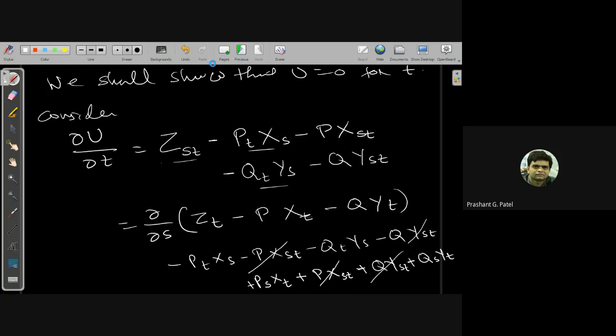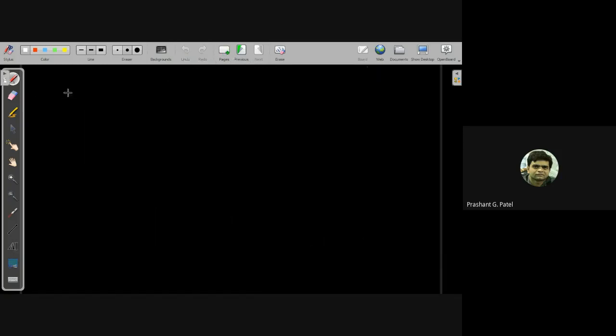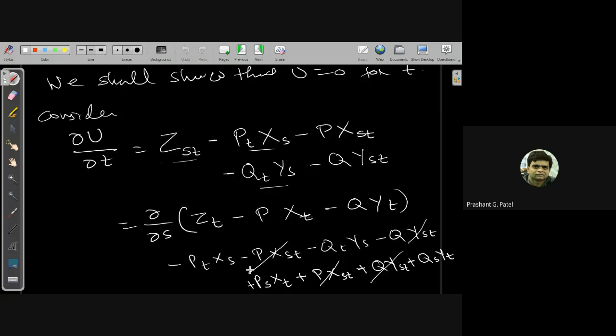So finally what we get is del u by del t equal to del by del s of z_t minus p x_t minus q y_t, then we will have these two terms which are of minus sign, and plus these two terms.